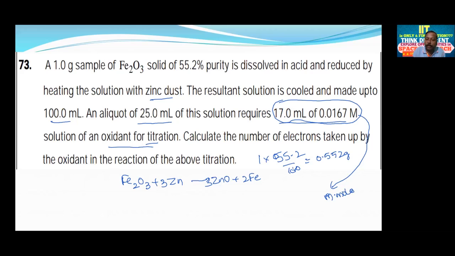Taken up by the oxidant means n factor is what we require. 0.0167 into n factor. So once you find the n factor according to this equation, it is 6. Actually this is a previous question, only the value changed, K2Cr2O7. So the equivalent factor will be 6. Let's see the next question.